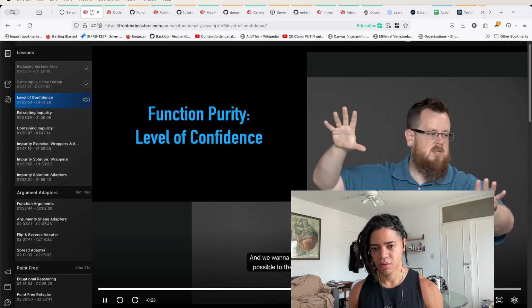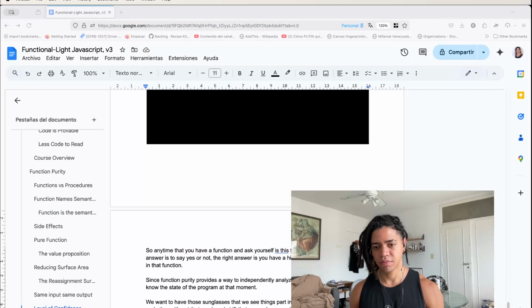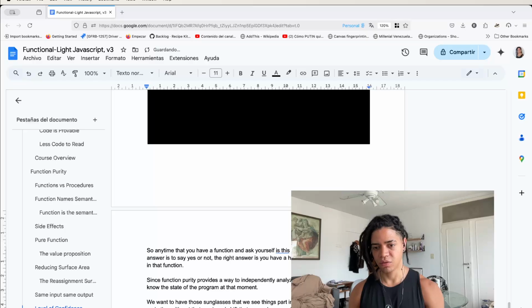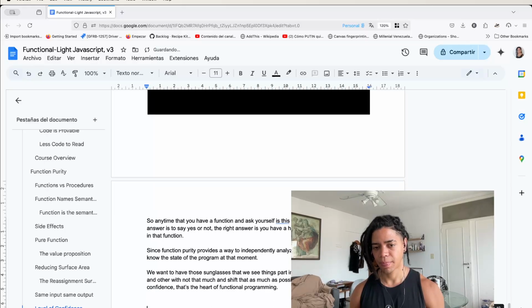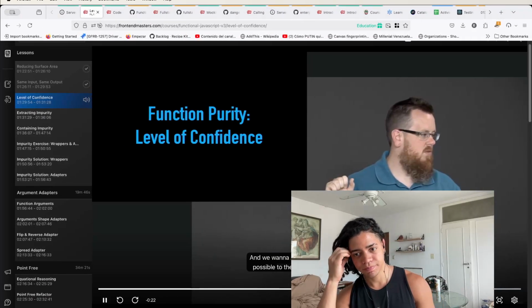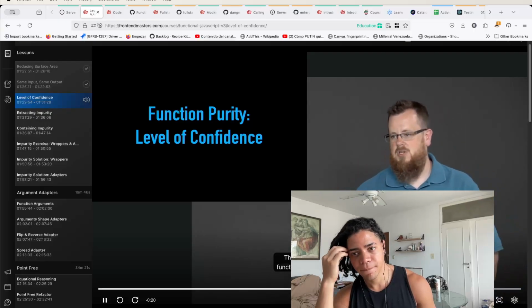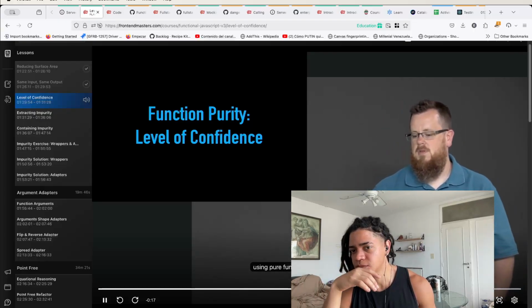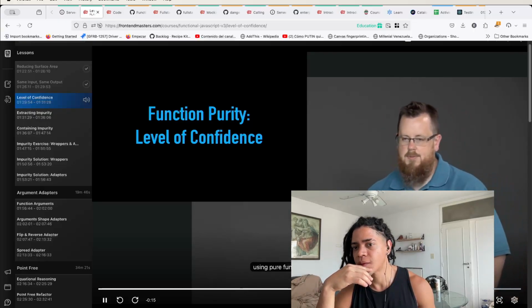That's the heart of functional programming. That is the heart of functional programming: using pure functions as much as possible.